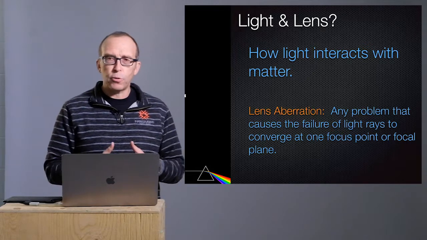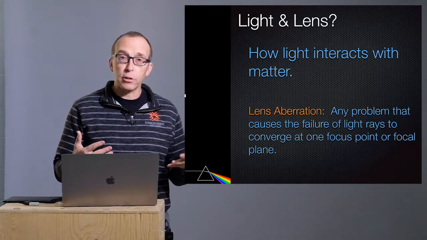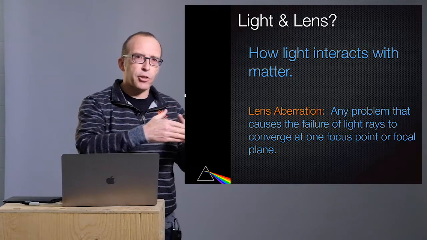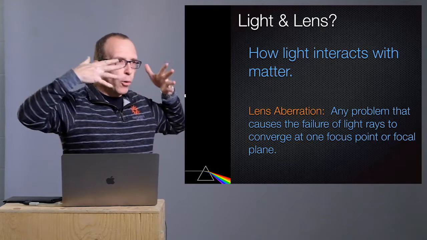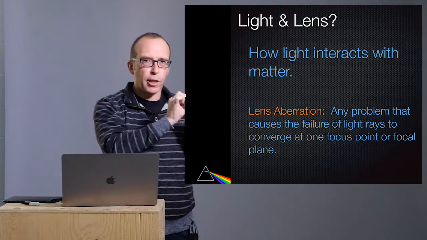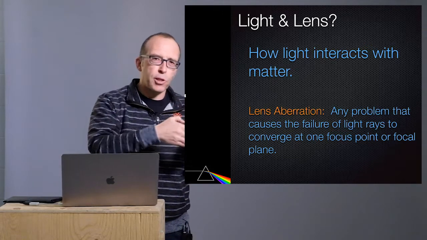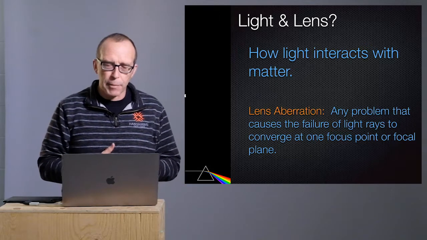If you are unfamiliar with the word converge, that just means come together. You can imagine all the light going through a lens and converging to a focus point. Anything that keeps all the light from going to that focus point is a lens aberration.